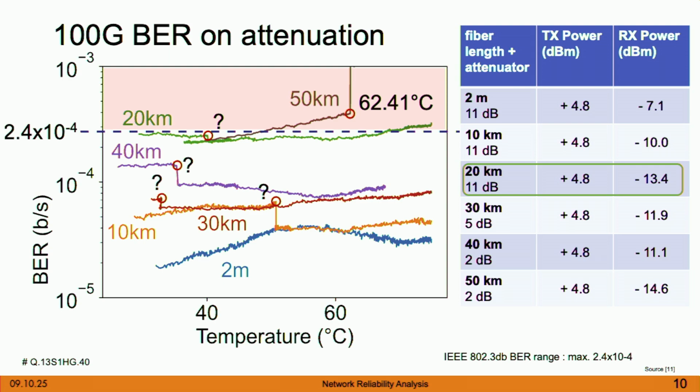So, and this is the diagram we have, and yeah, a little bit complex, but what is the most interesting aspect here? The red section you see, the 2.4 times 10 to minus 4, is the region that is considered by the IEEE standard. It is a limit you have for Ethernet connectivity.